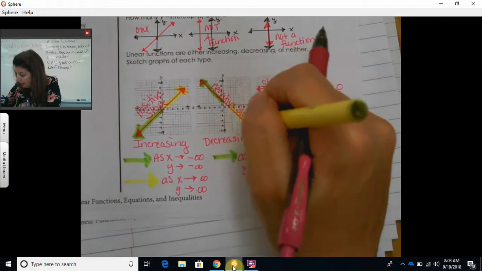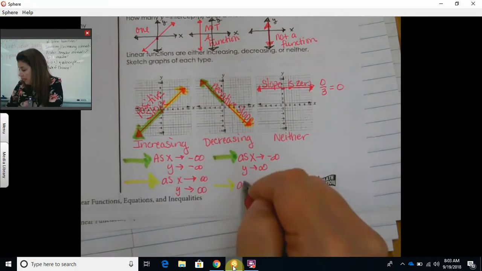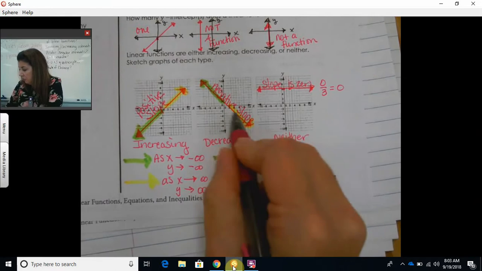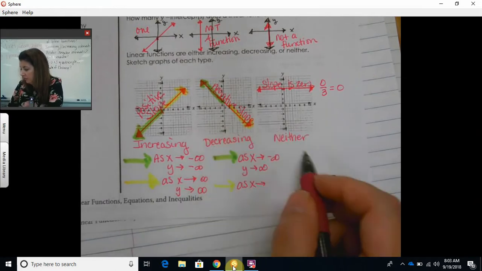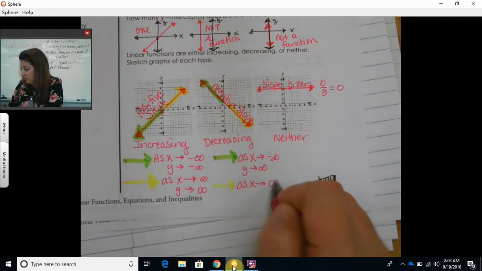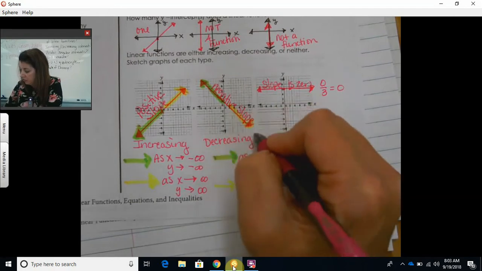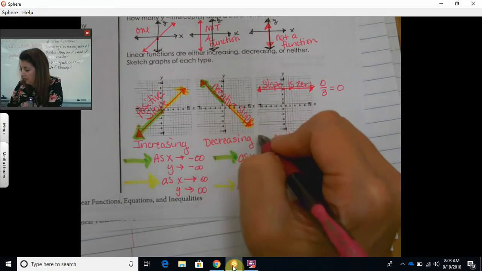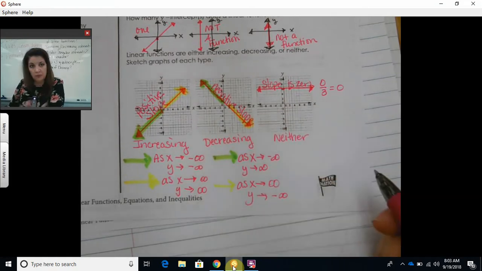The right side of the graph, as x approaches, where my x is going on this side, what direction are my x values going? Positive infinity. And y's are approaching negative infinity. Everybody cool with that? We have a question?